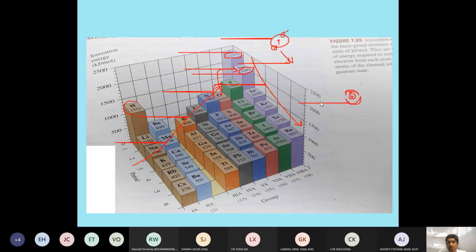Left, good. So Chewen Kong, Lentia, Audrey, thank you very much. Left will be easier to form positive charge. Why? Other than these 3, anybody wants to reply? Iman?